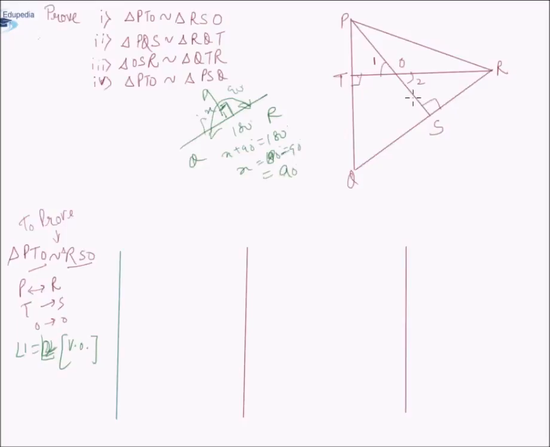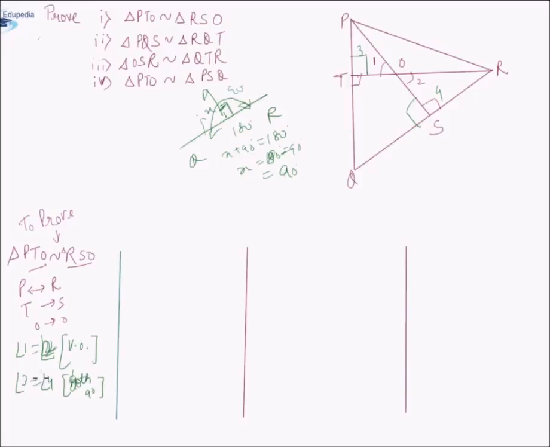So we can say that this angle is also 90 degrees. Similarly here, this angle is also 90 degrees. So in triangle PTO, this angle 3, and in triangle RSO, this angle 4 are also equal, because both are 90 degrees.